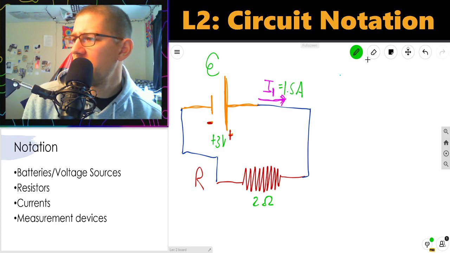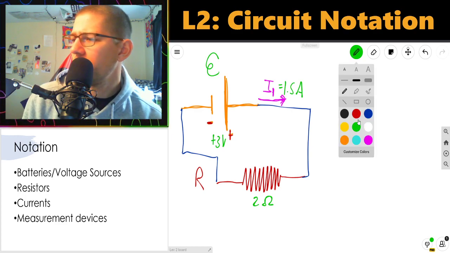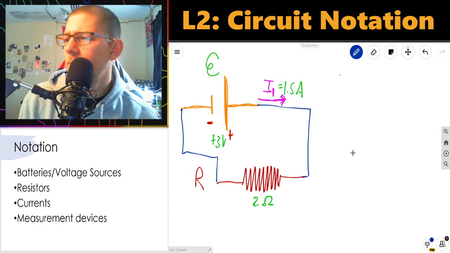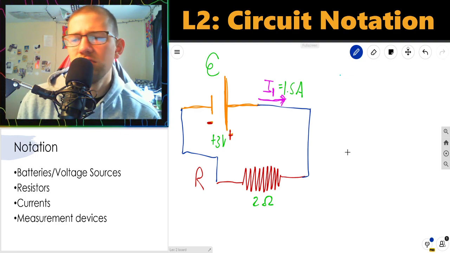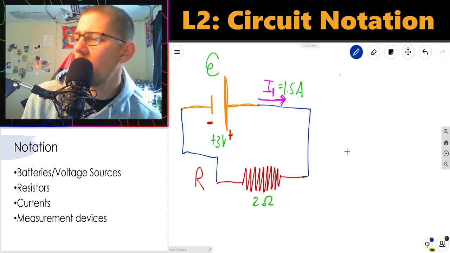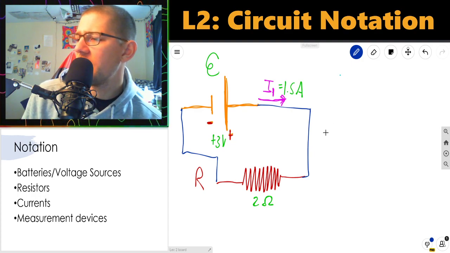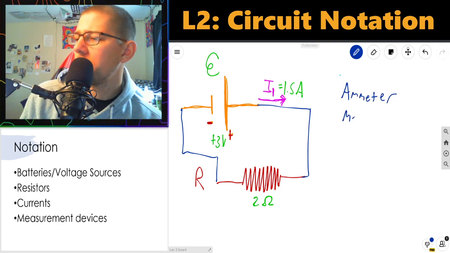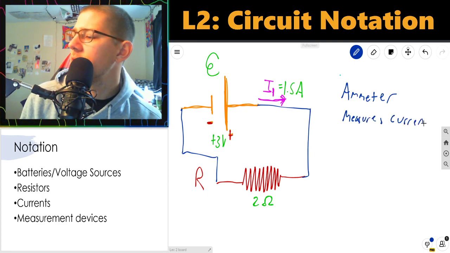Last thing to talk about is measurement devices. There are a few measurement devices that you might see when you're playing around with simulations or looking at circuit diagrams, things like this. The first one is an ammeter. An ammeter measures current. Kind of suggestively, it measures amps.